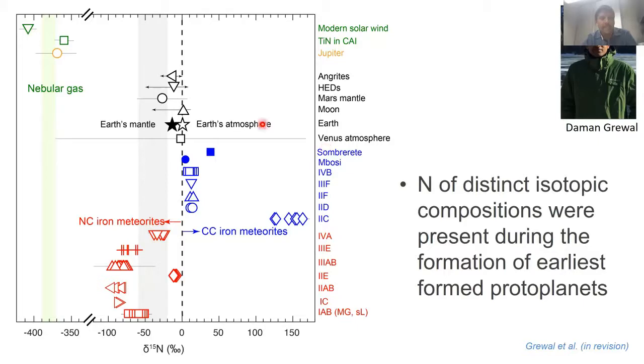And not only that, Earth's mantle and atmosphere altogether is right in the middle of the CC iron meteorite group and NC iron meteorite group in terms of nitrogen isotopes.